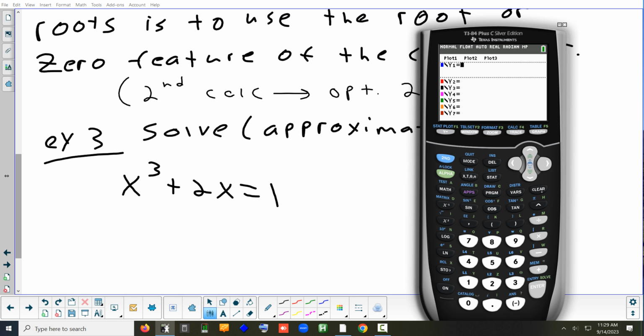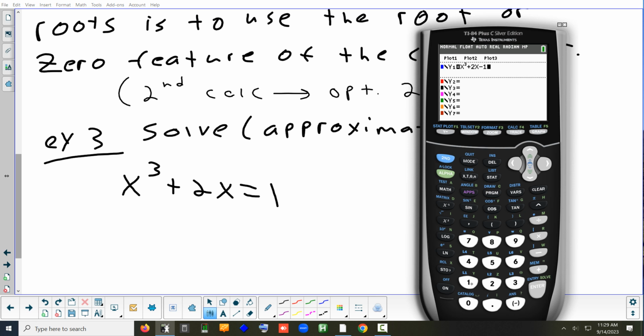So what would be the easiest way to make that equal to 0 instead of equal to 1? Subtract 1. So if you did that on both sides, tell me what would be on the left. x cubed plus 2x minus 1. Yep.